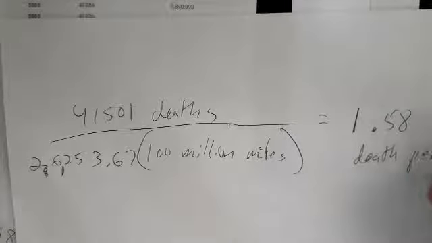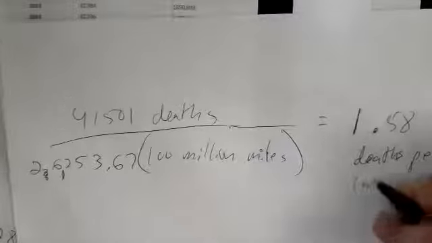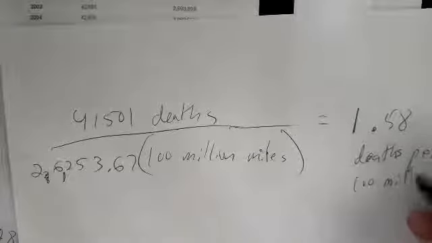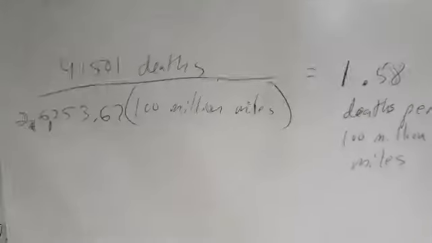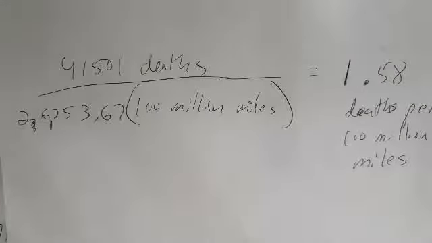And this is in deaths per 100 million miles. And if we did deaths per mile, it would be a really, really small fraction, right? So the reason they go per 100 million miles is so we can get a whole number out of this. I don't want to be comparing an annoying fraction.